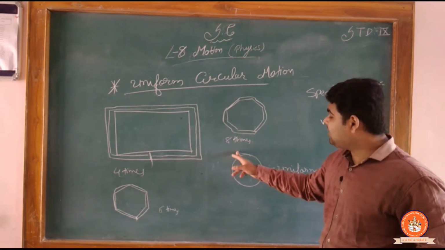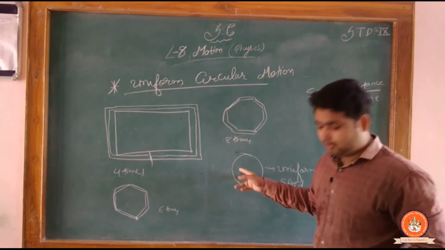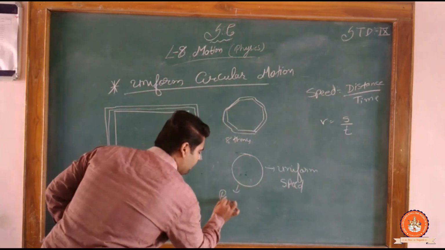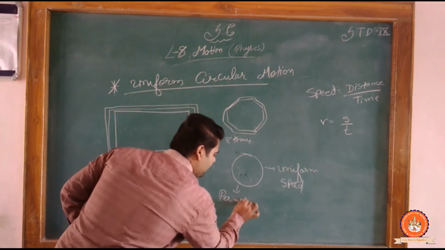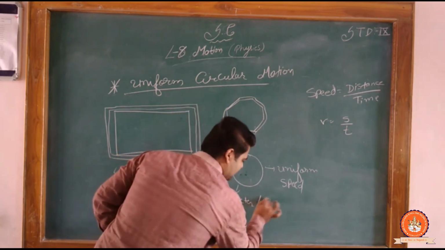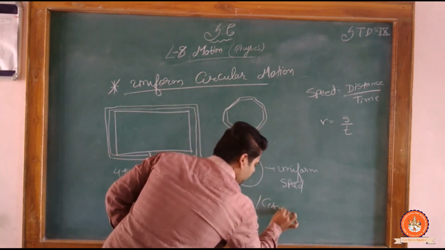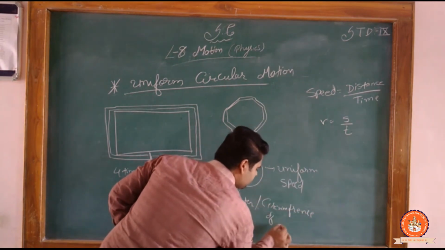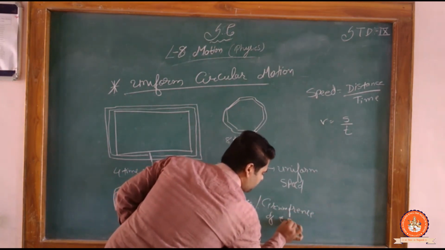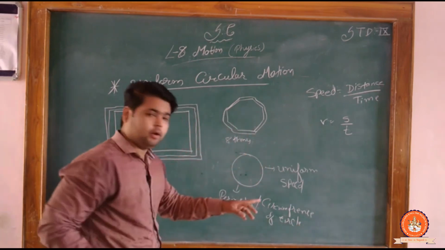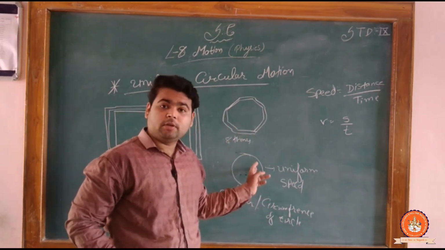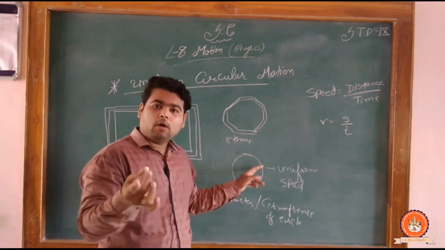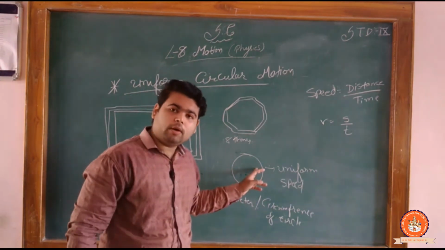But for finding the perimeter of this circle, the perimeter of a circle is known as what? Circumference of circle. Clear? To complete one revolution, how much distance do we have to cover?